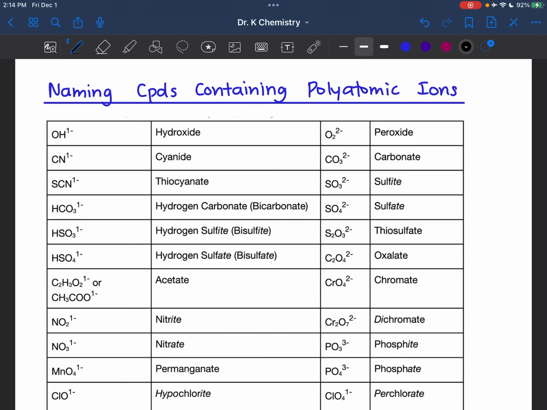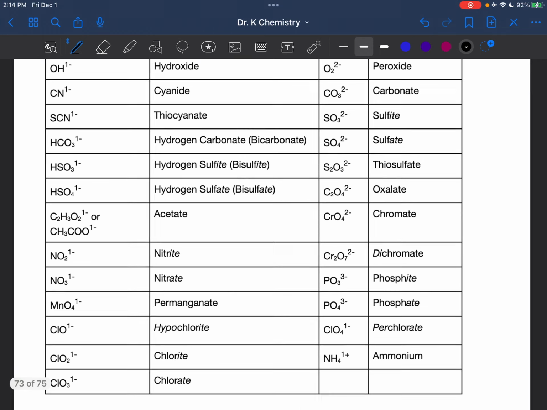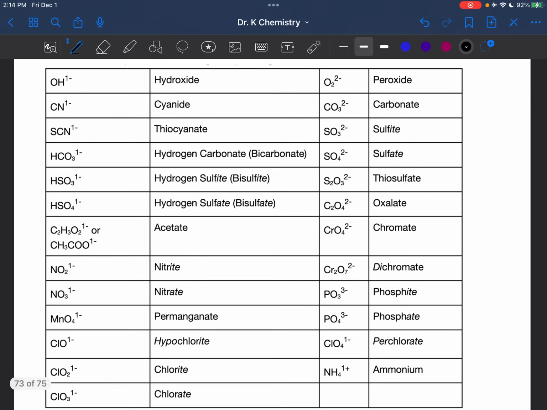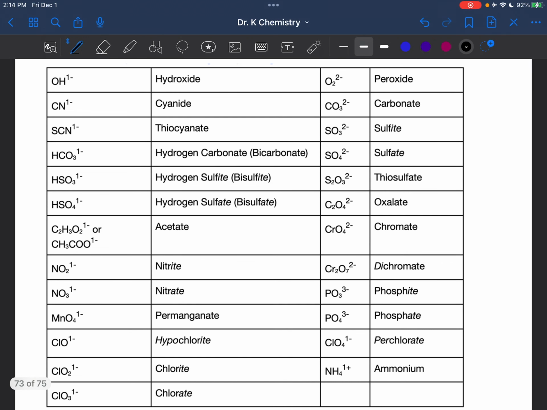The final part of naming inorganic compounds covers naming compounds that contain polyatomic ions. Here, the naming system is actually fairly straightforward. All you're going to do is name the polyatomic ions in the order that they are listed in the formula. The challenging part here is actually memorizing all of the polyatomic ions and then recognizing them in the formula.